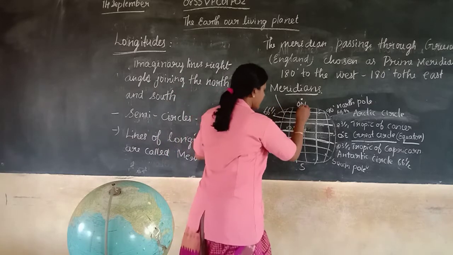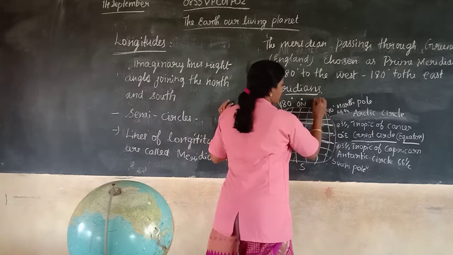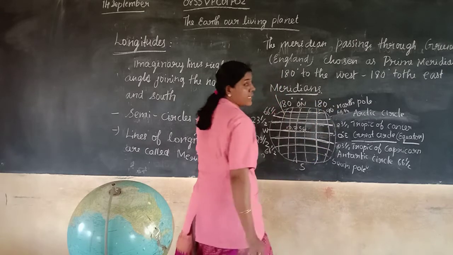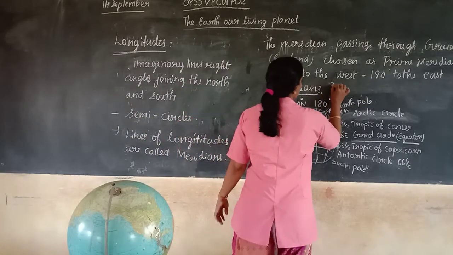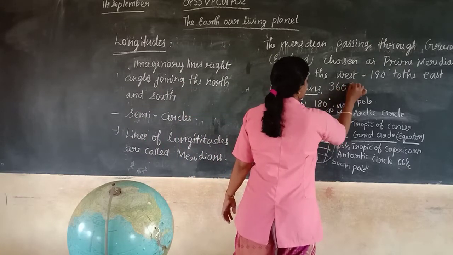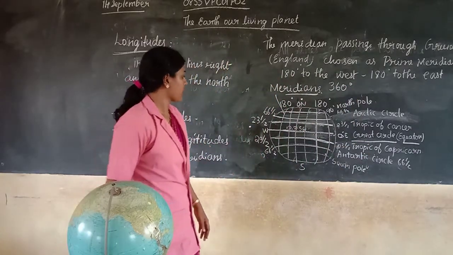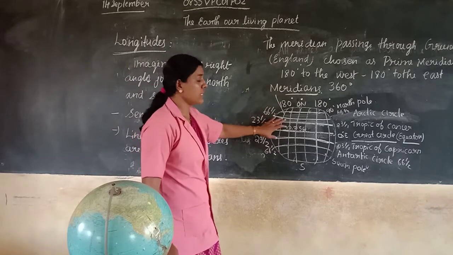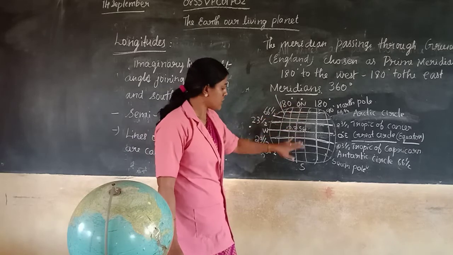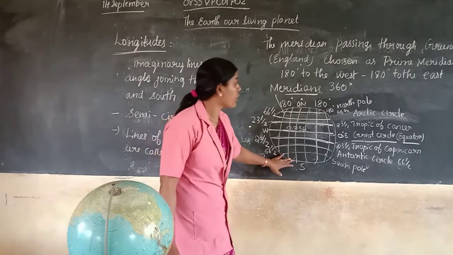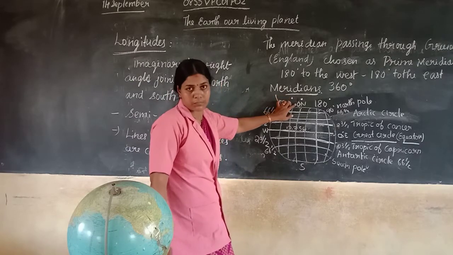Here 180 degrees and here 180 degrees. Total 360 degrees of longitude lines are there. The imaginary lines drawn from north to south are called longitudes. 0 degree is the prime meridian.